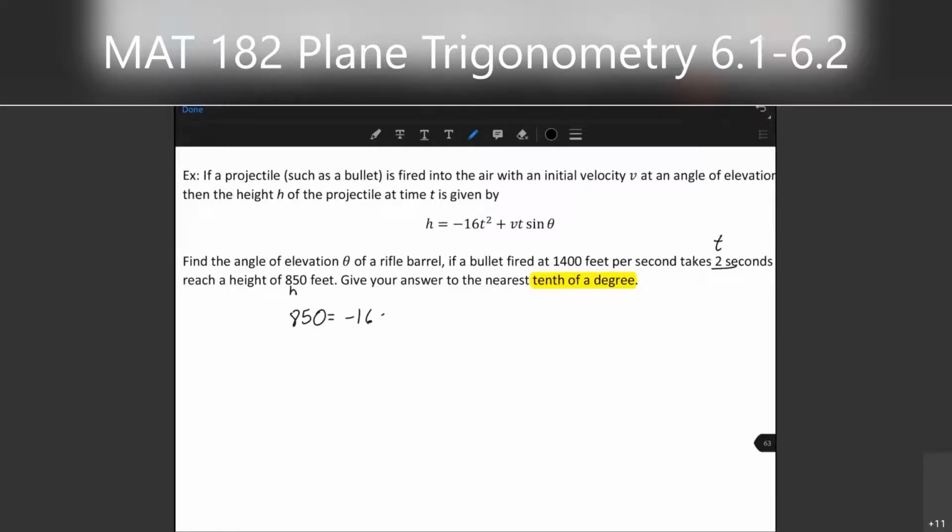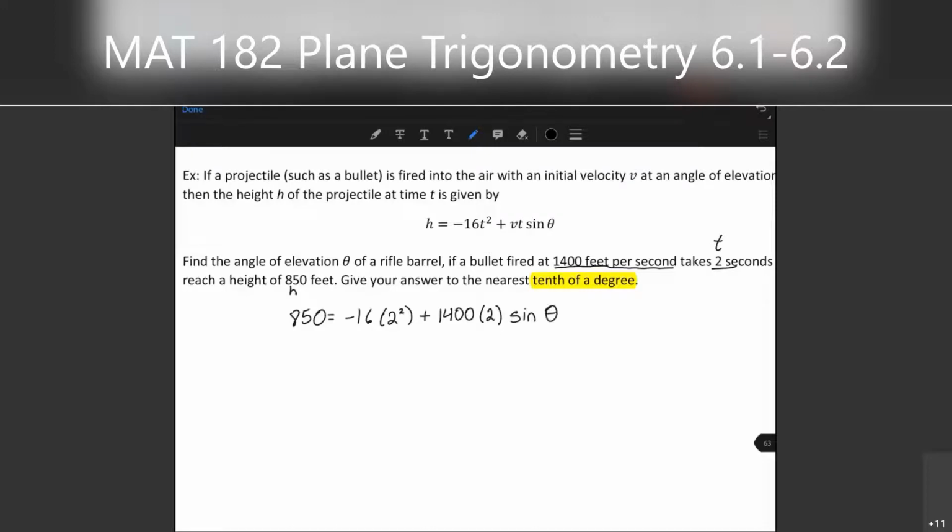So we'll have 2 squared plus, the last thing we would need is the velocity. That's our velocity, 1,400 feet per second, times t again, so we'll want to have that 2 one more time, and sine of theta.